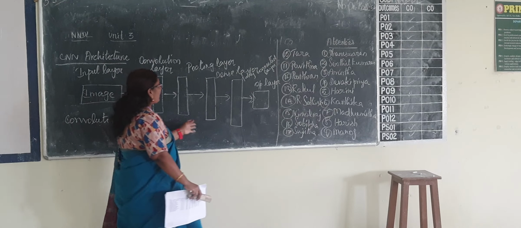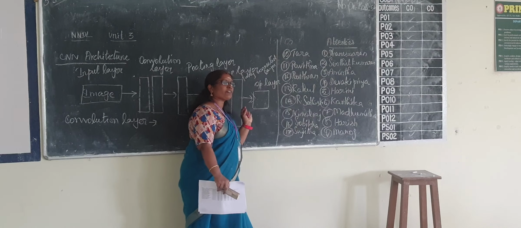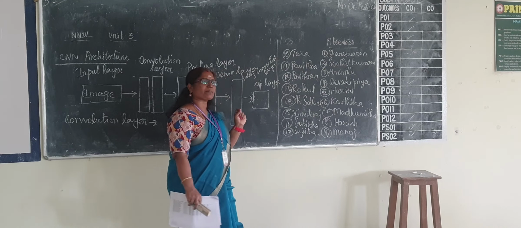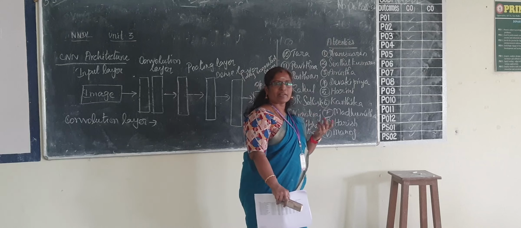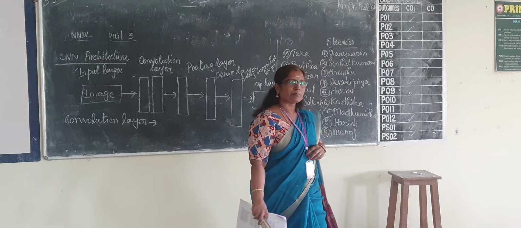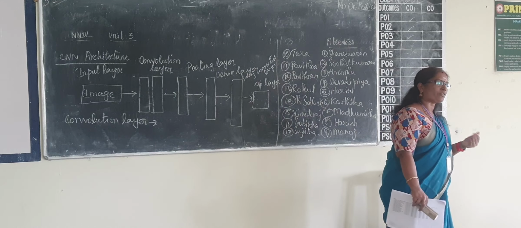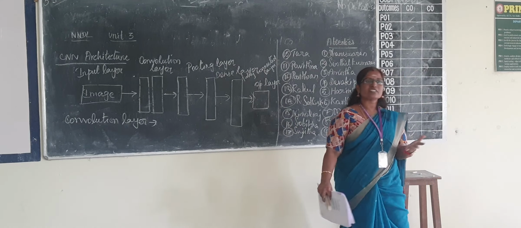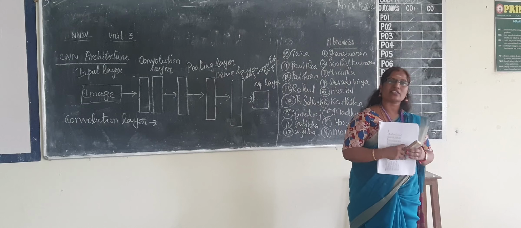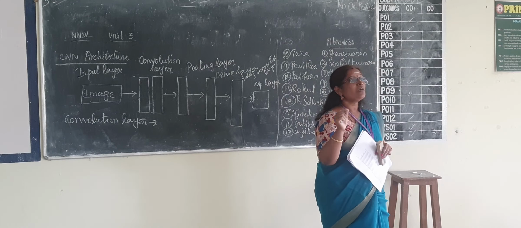This part will be done with the help of backpropagation. What do you mean by backpropagation? Some people have answered in the exam also. We perform many epochs. In the first epoch, it will check the error rate, it will check the loss.